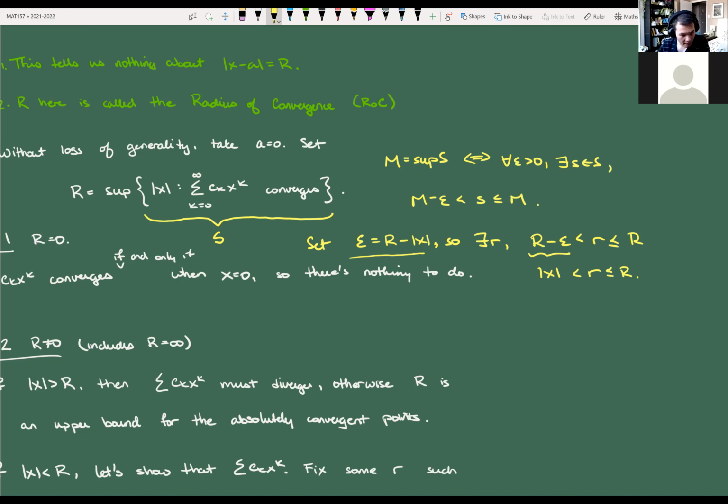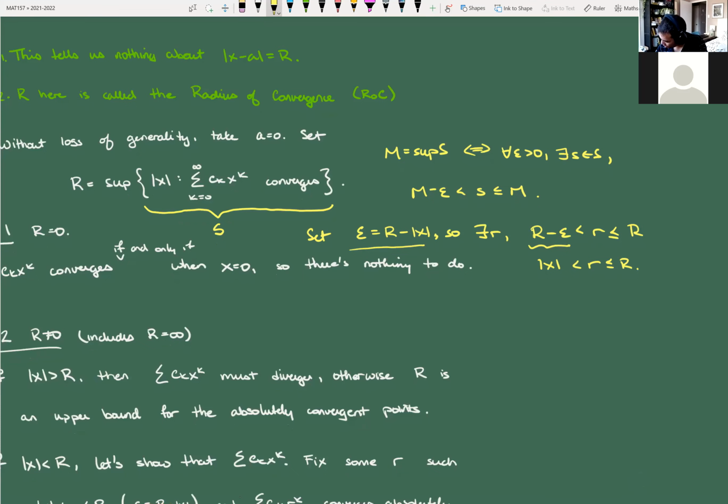Okay. And again, the important thing here is that this r is in S. Right? So it is something for which your series converges. By definition, that S set is the set of things where you converge absolutely.